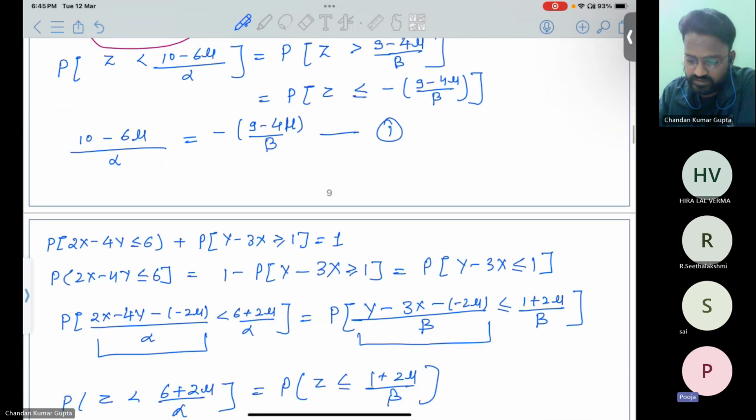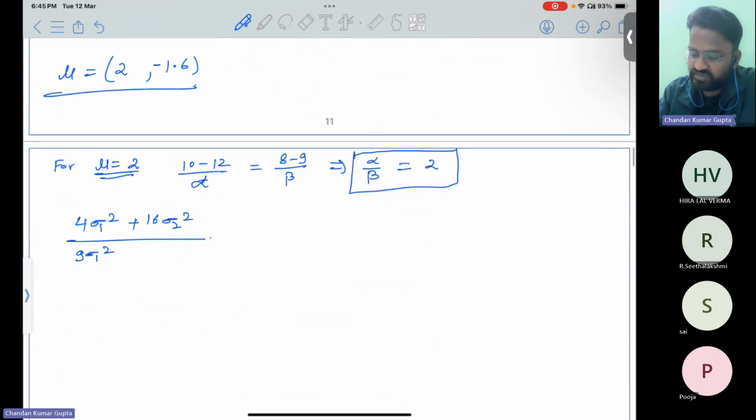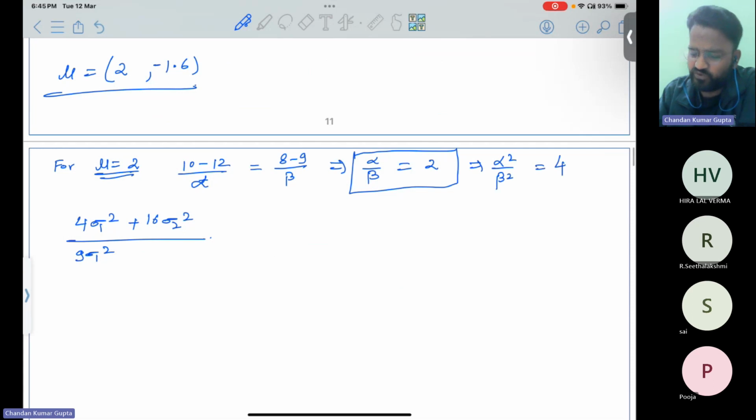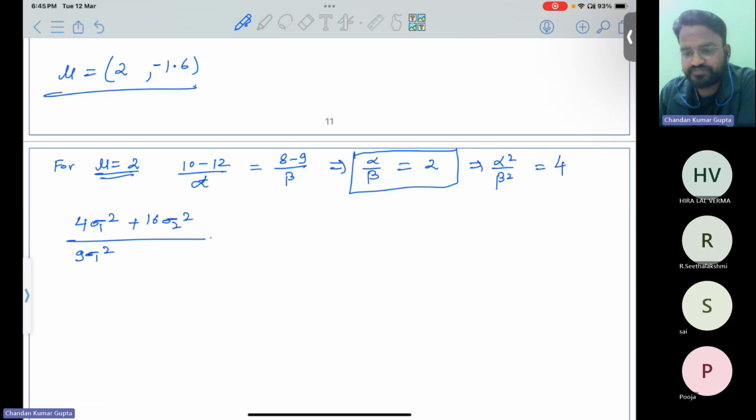We square the value of alpha and beta, right? Yes. We must square the value of alpha and beta. That is equal to 4. Is it okay? Yes, sir. Okay. Now, for simplicity purpose, we have squared this value.